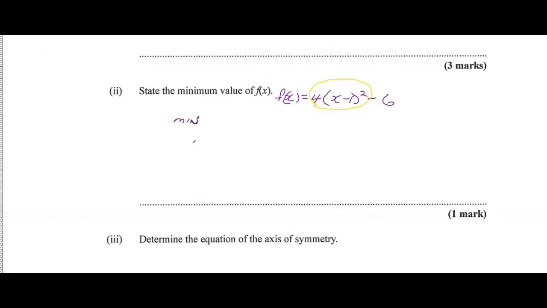when x minus 1, because anything you square must be positive, x minus 1 is equal to 0. That is when x is equal to 1.